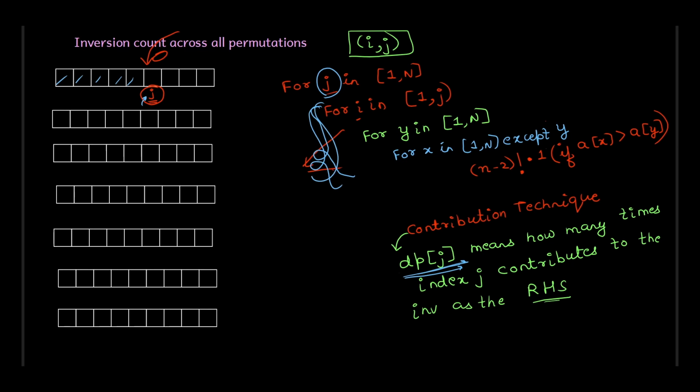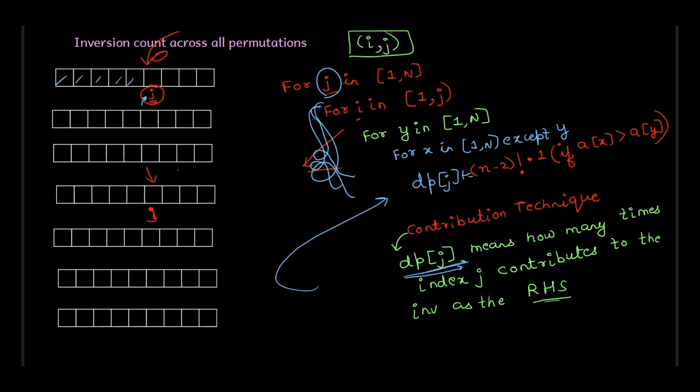So this sum that you are getting, you can simply do something like this: dp of j plus equals this. And once you are done with this iteration, you'll notice that dp of j contains exactly how many times this index j contributed as the right side of the pair.